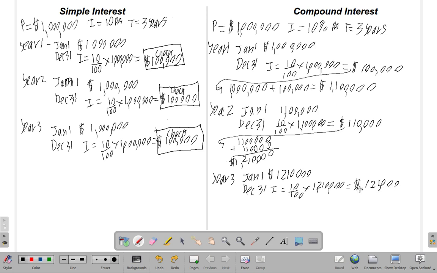You now have $121,000. But guess what now? They add it to what you had before. Whatever they calculated the interest off, they take that interest and add it to that amount.